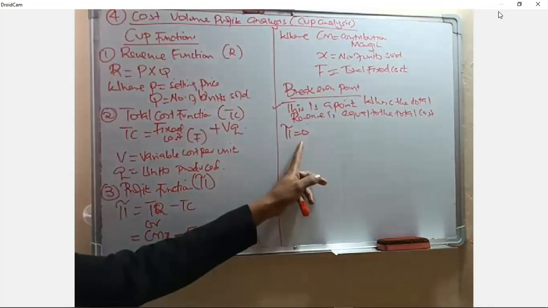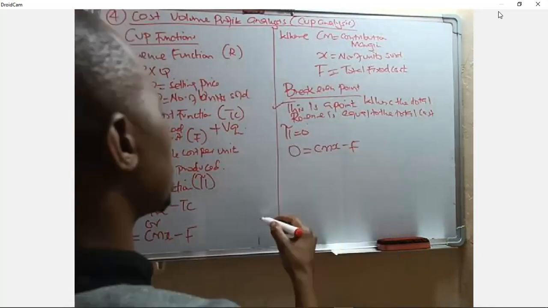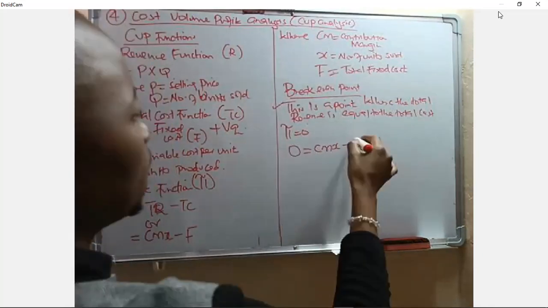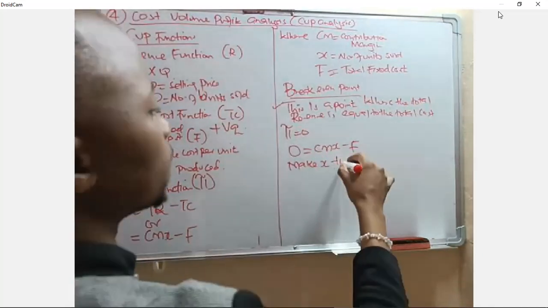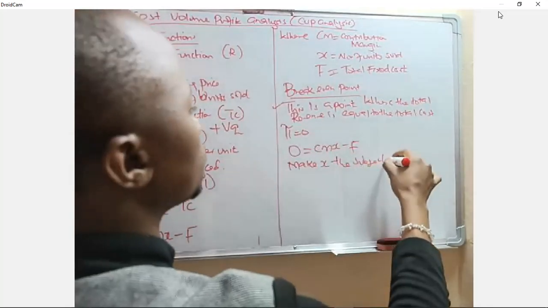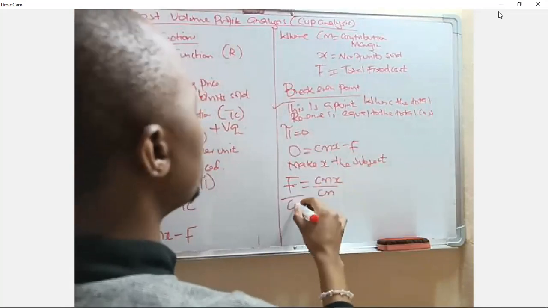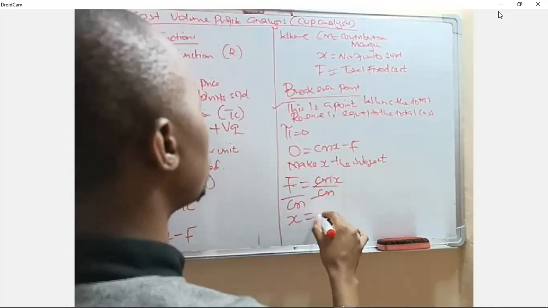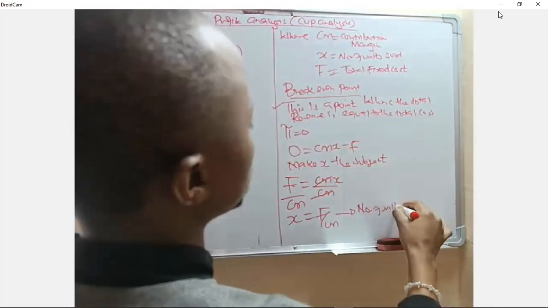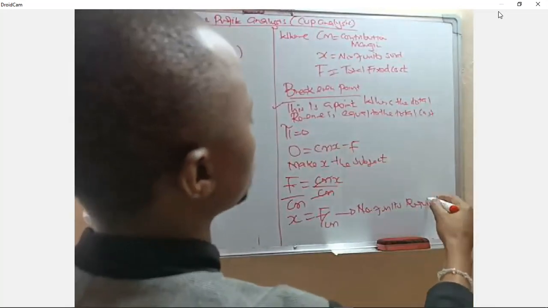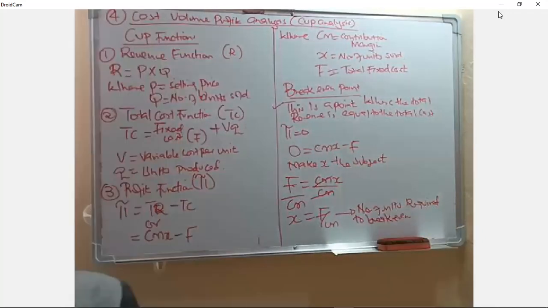So 0 is equal to contribution margin times X minus fixed cost. Let's make X the subject, because we want to determine the number of units required to break even. Take this to the other side: F equals CM times X, divided by CM. So our X should be F over CM. This is the number of units required to break even. That is how you get them.